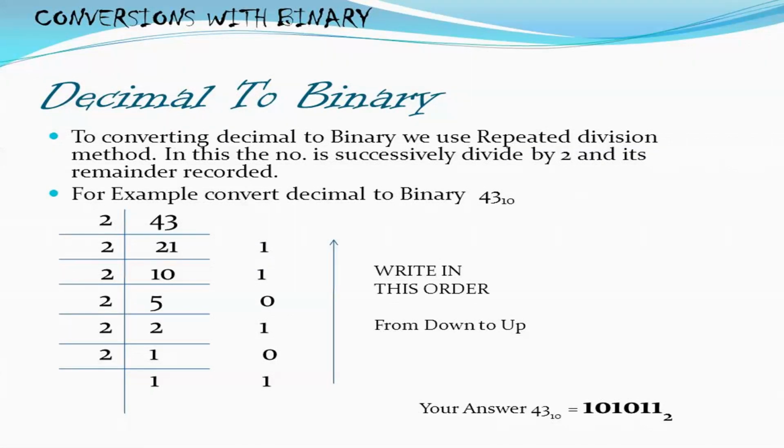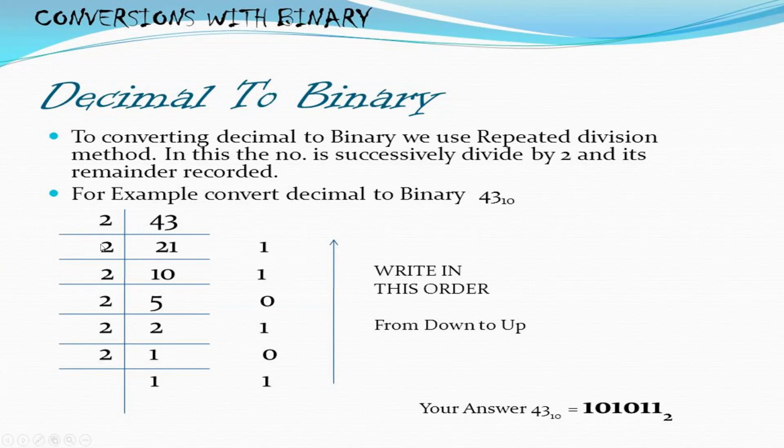ठीक है, बाइनरी का बेस है 2, तो आप यहाँ पे देखो एग्जाम्पल में 243 डिवाइड करोगे, 21 is the quotient, 1 is the remainder. Write down the quotient and also the remainder at the side. We divide by 2.